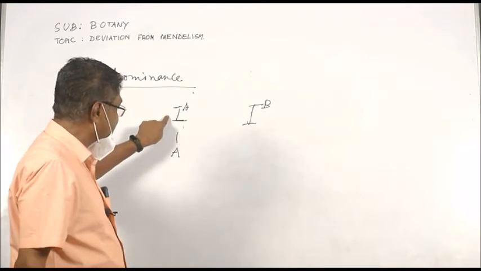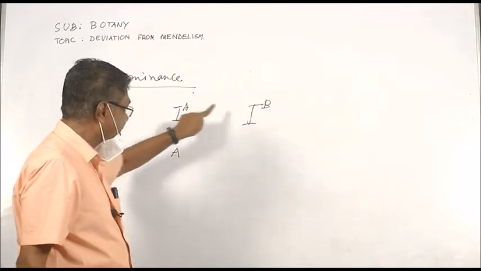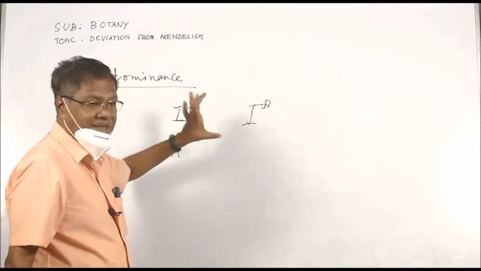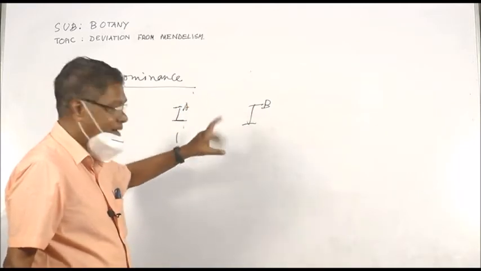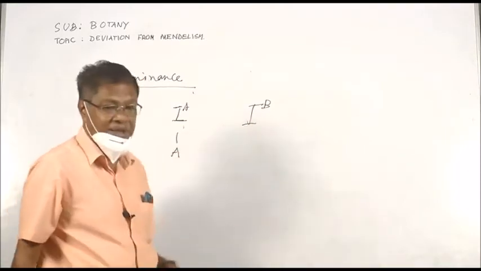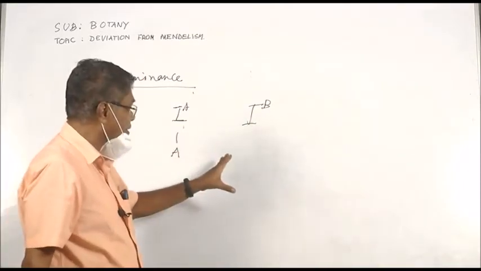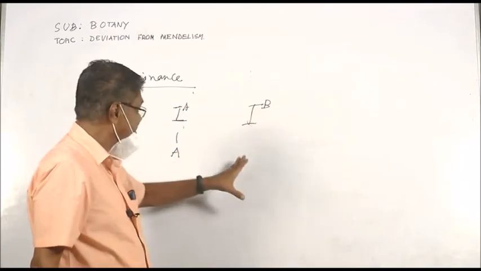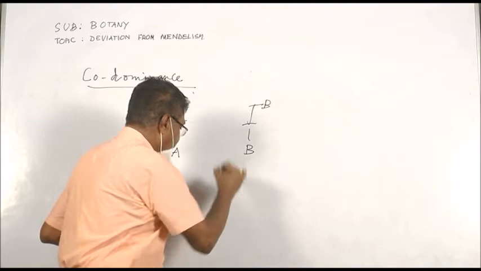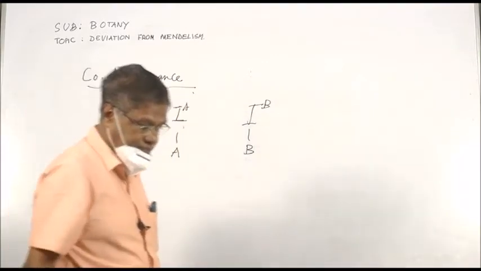Now basing on that, if capital IA is there, then it is immunoglobulin A and blood group A. And if capital IB is there, then it is immunoglobulin B and the blood group is B. This is the basic thing.